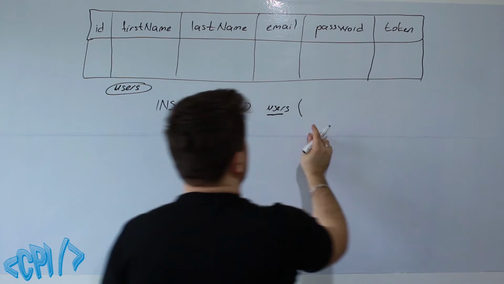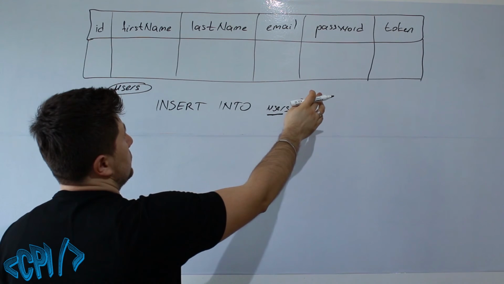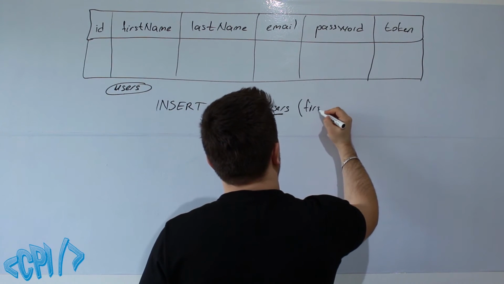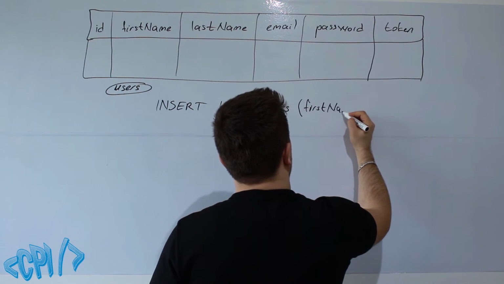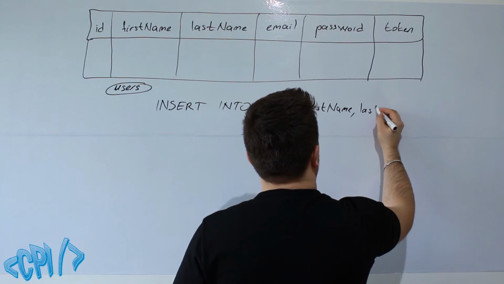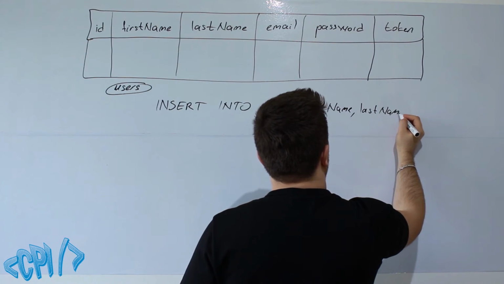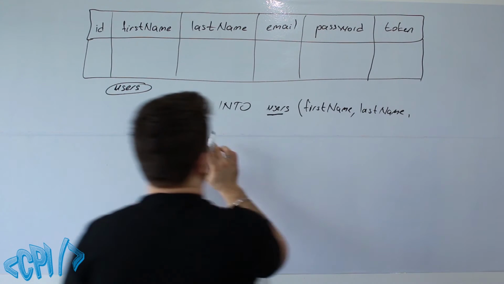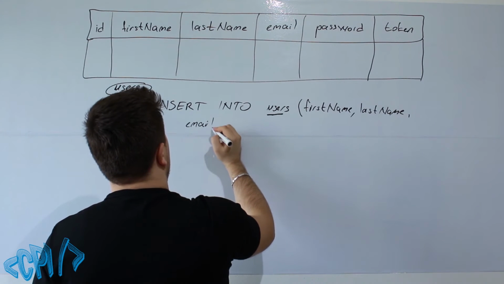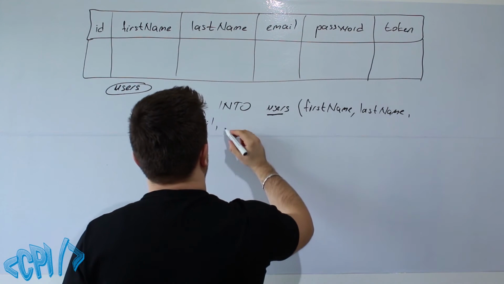And we are going to define which columns we are going to insert. So first one is first name, next one is last name, I will continue here. The next one is email, the next one is password.